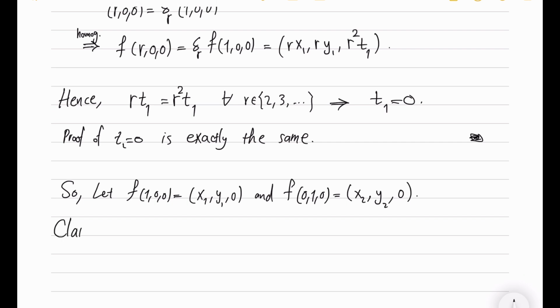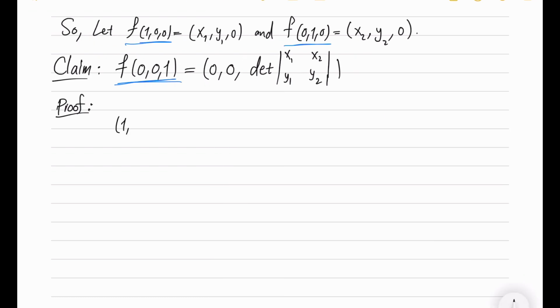Claim, and this is the explanation of why I'm not checking the third component: f of (0, 0, 1) must be (0, 0, and the determinant of this thing), so the determinant of x1, y1, x2, y2.